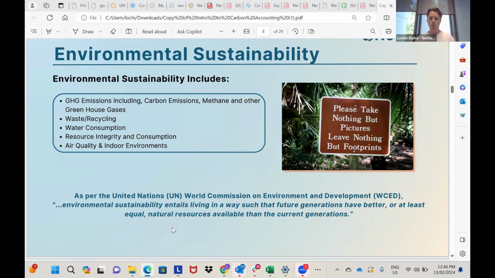So what we aim to help you with at NetNada, and what we think you should set up as a process for yourself as well, is identifying where the hotspots are in your environmental sustainability. So some businesses, right, you may have very, very small waste and recycling.